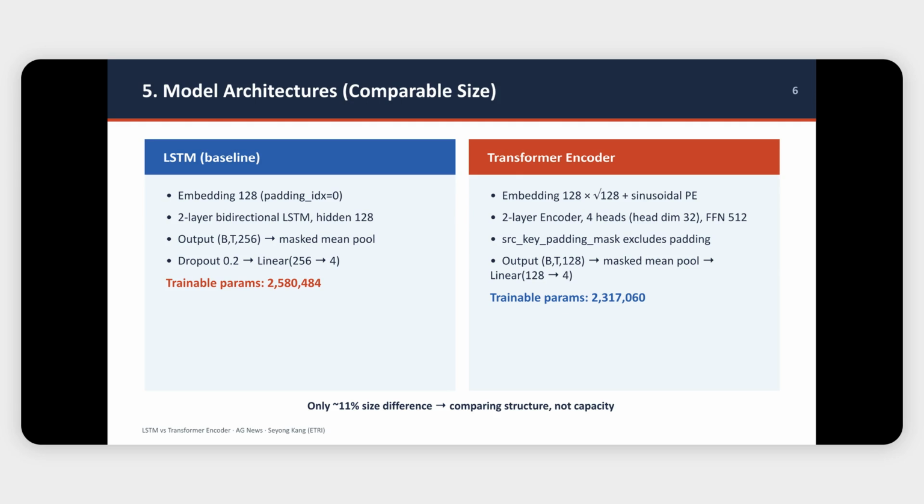The LSTM reads both directions, giving a 256-wide output and about 2.58 million parameters. The transformer adds position information and four attention heads and has about 2.32 million. The size gap is only 11%, matched on purpose. So the result comes from the design and not from size.